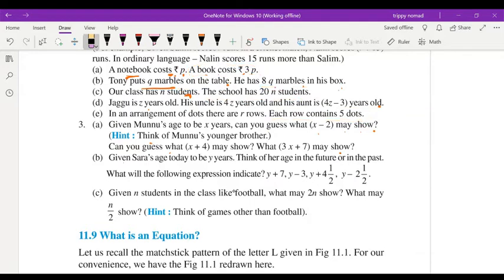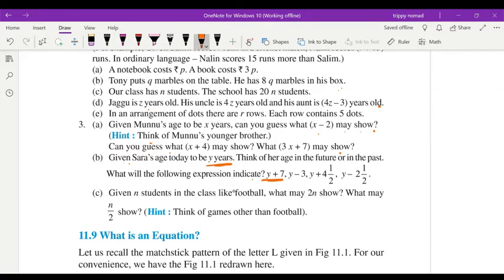Now let us start with B part. Given Sarah's age today to be y years. Think of her age in the future or in the past. What will the following expressions indicate? That is y plus 7. That means this is about the future, after 7 years.